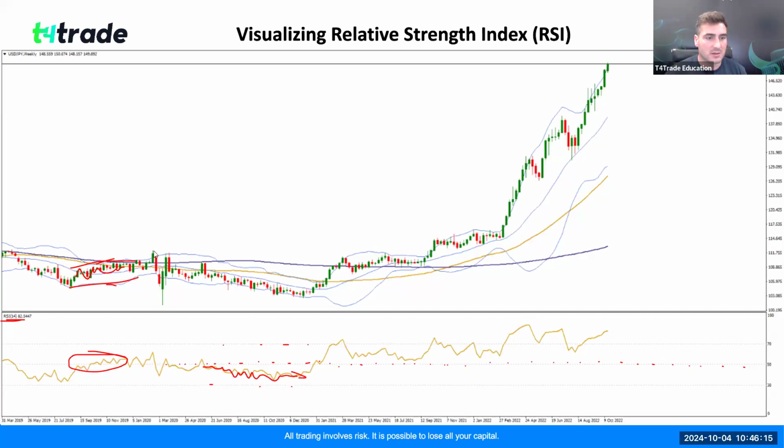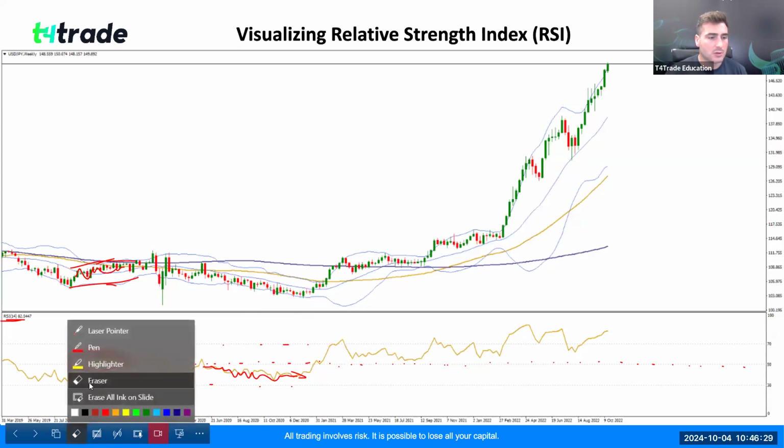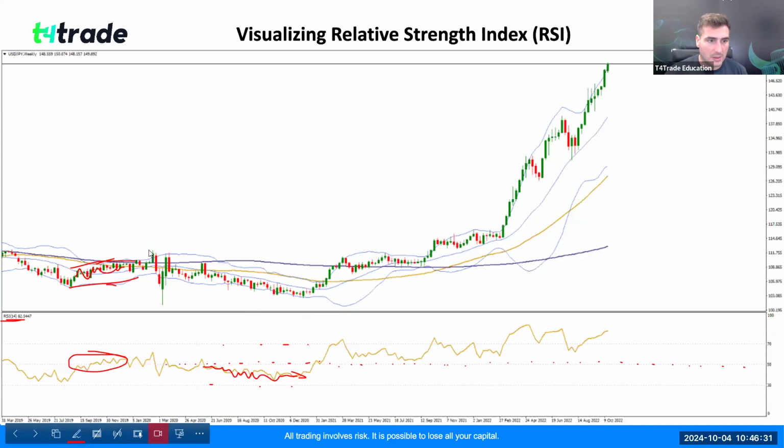So the sellers, the bears, are in control, and you can clearly see that. Sorry for the not so straight line that covers everything. Let me erase this. Okay. So you can clearly see that from the consecutive lower highs.